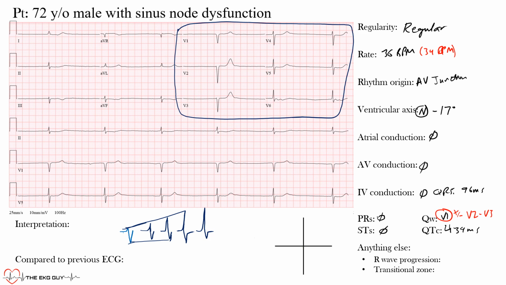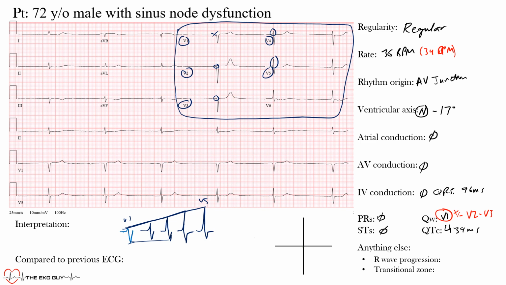So the R wave should increase as we go from V1 to V5. From V1, which is this one here, V2, V3, V4, V5, the R waves are absent here, maybe a slight one there, but then you can start to see them more here and here. But they're pretty much absent in V2 to V3.